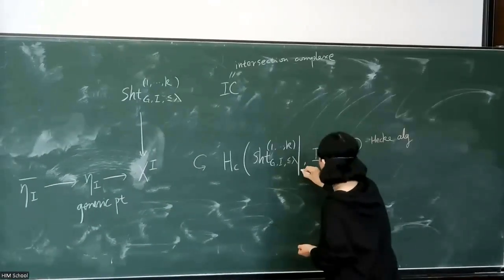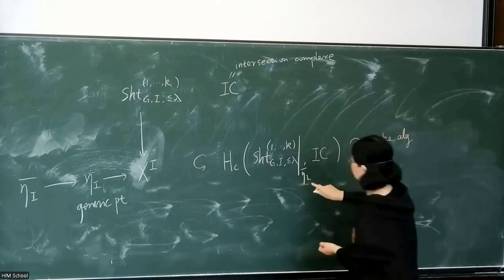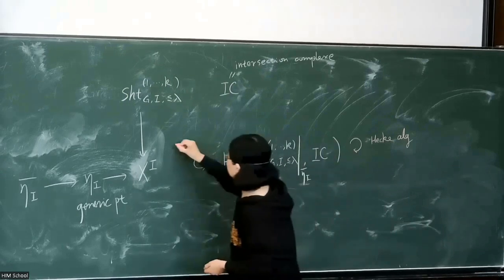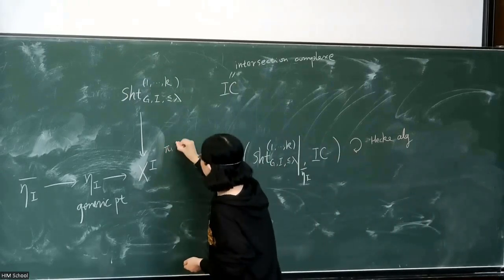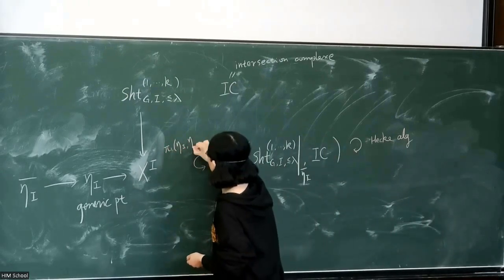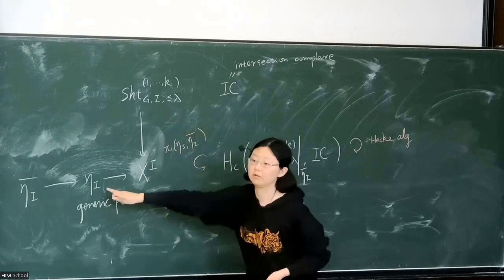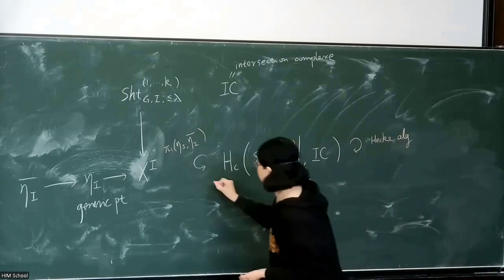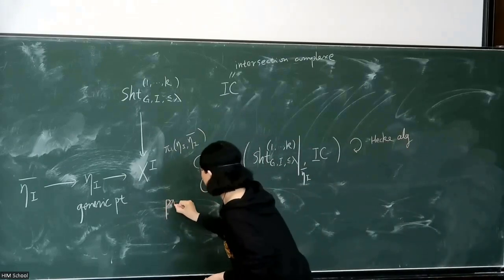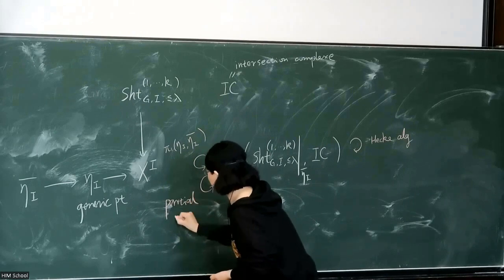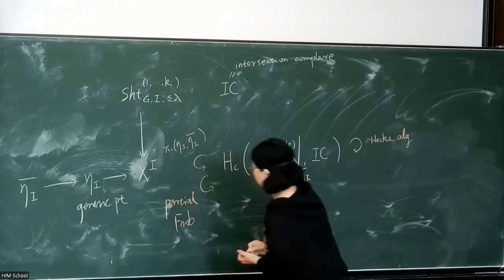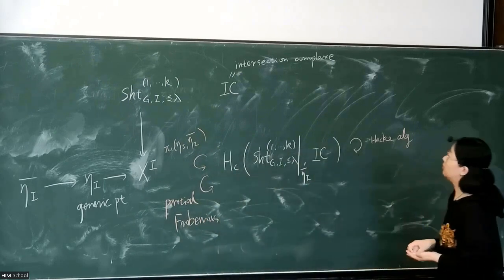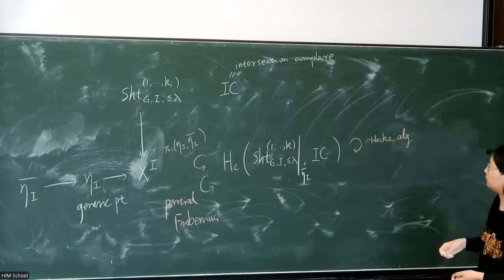So we consider cohomology restricted to the geometric generic point. On this, it has the action of the pi1 of this generic point. And it has an action of partial Frobenius, which unfortunately I don't have time to say.